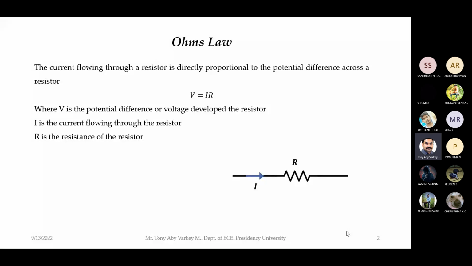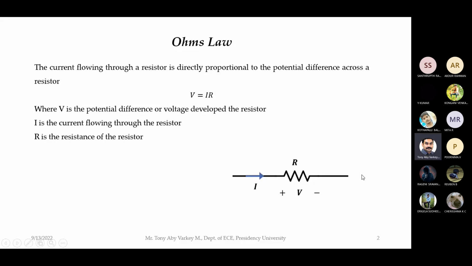That will be V. Please note that the voltage will have a polarity, plus and minus. Positive will be developed where the current is entering the resistor. So always remember that. If the current is flowing from left to right, the voltage developed across the resistor will be such that the positive is on the left side and the negative on the right side.